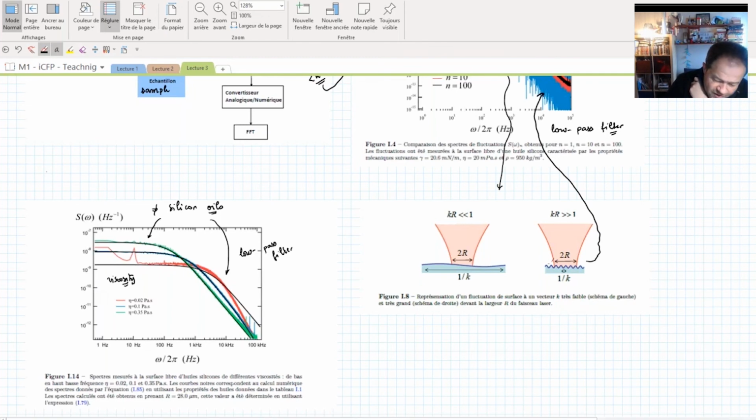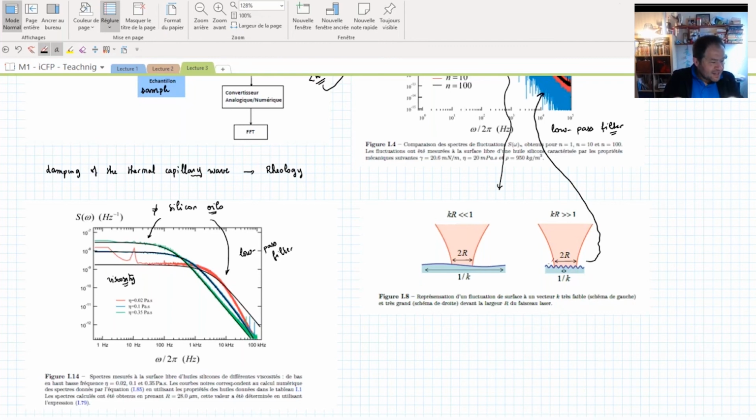So that's a very nice experiment. Doing that, you are really able to make some rheology of your fluid layer without touching it.